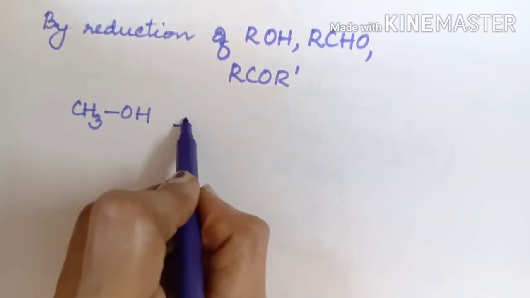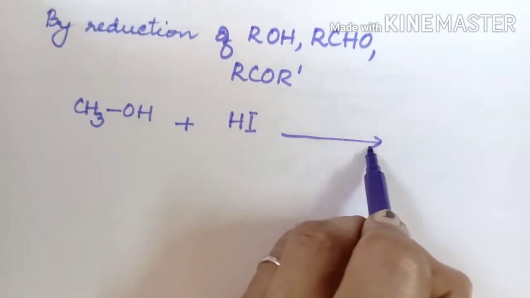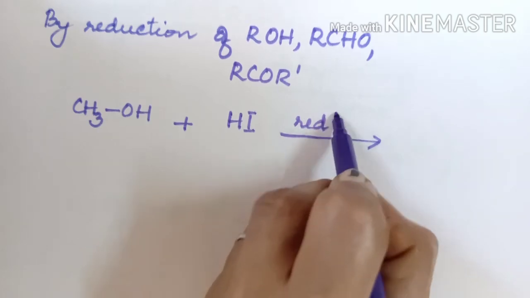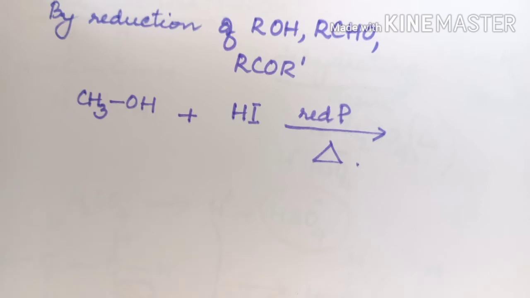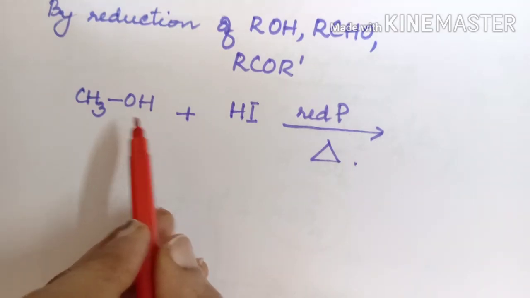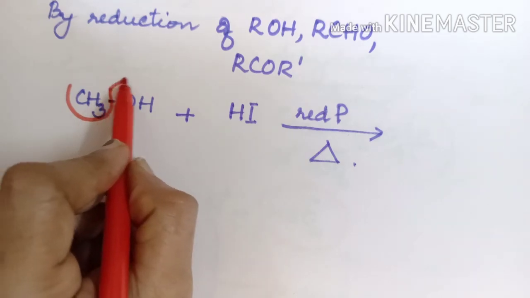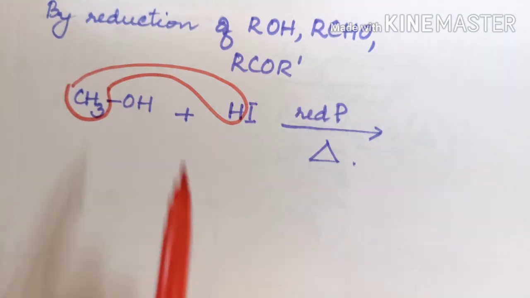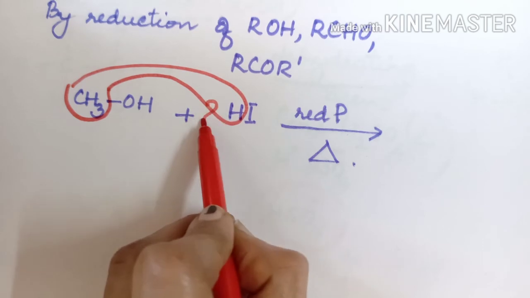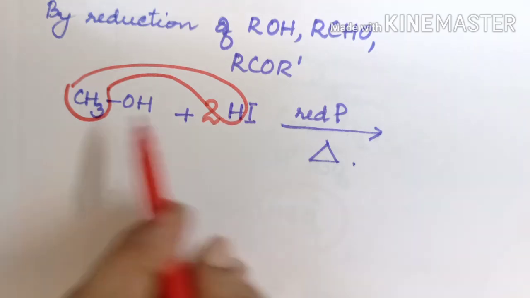Methanol, when it reacts with hydriodic acid in the presence of red phosphorus at a higher temperature, results in the formation of methane. That is, two molecules of HI will combine and result in CH4.